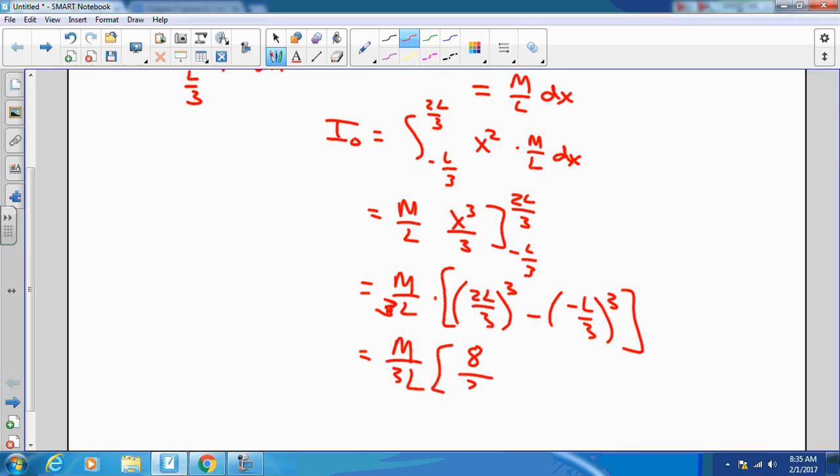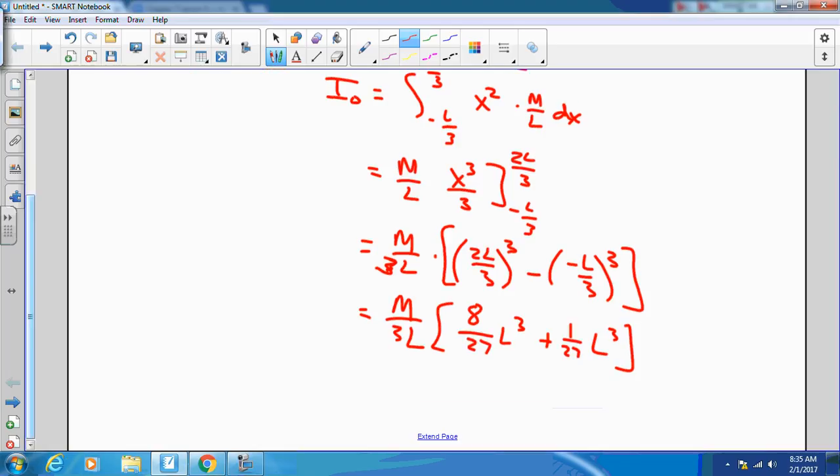And we get 8 over 27 L cubed plus another 1 over 27 L cubed, so that when the dust settles, we get 9 over 27 L cubed. 9 over 27, of course, is 1/3. Factors of L cancel. We're kind of used to these things now, and we get 1/9 M L squared.